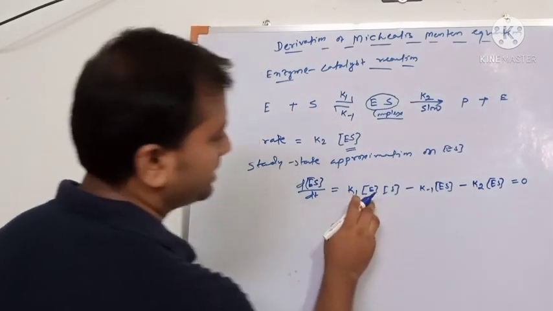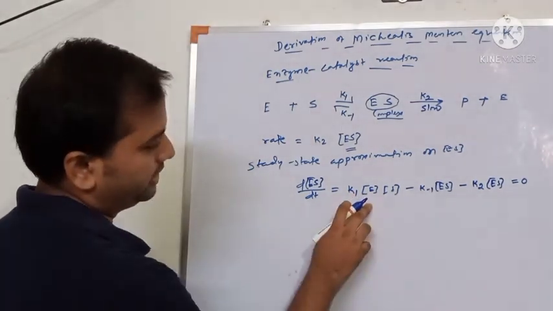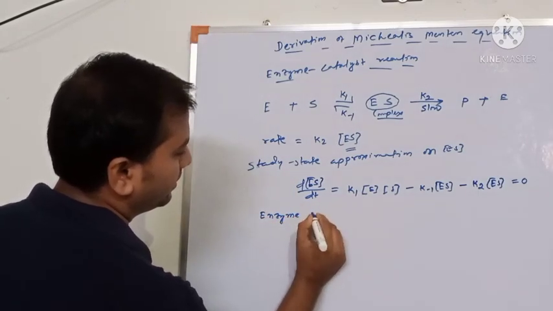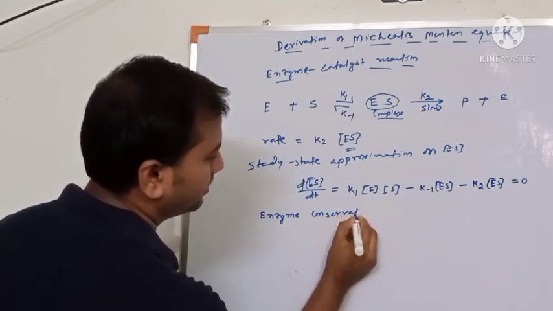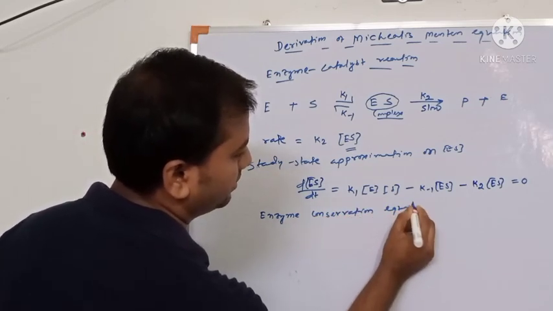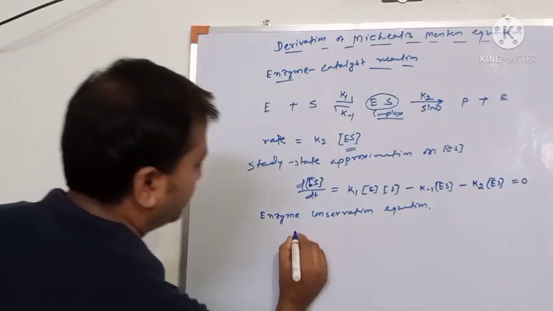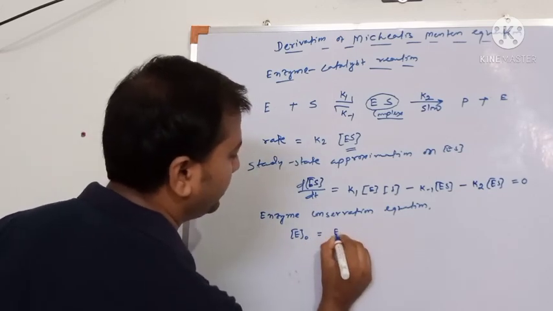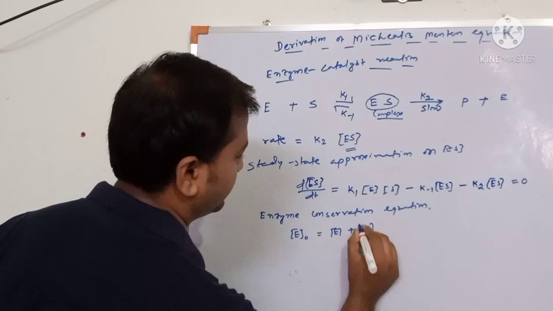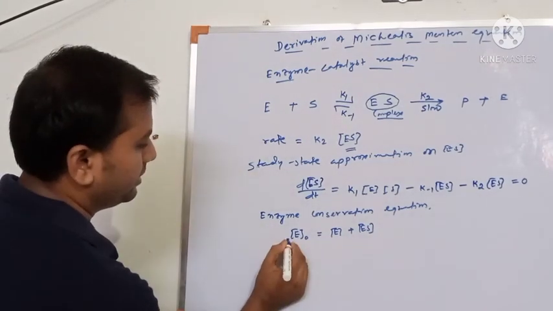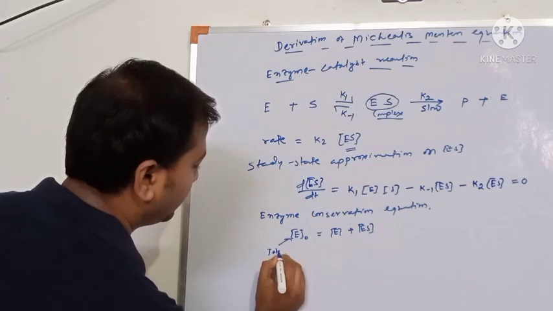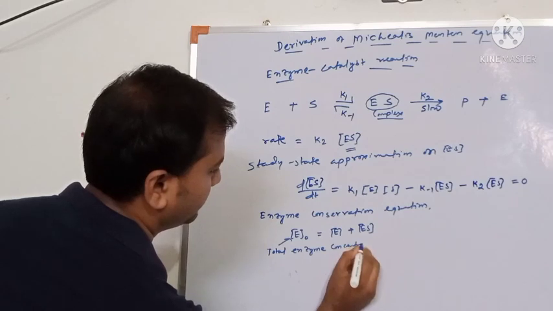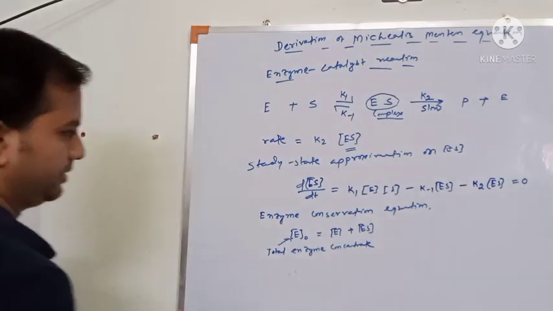But enzyme concentration cannot be determined experimentally, so we apply the enzyme conservation equation. E naught equals E plus ES, where E naught is the total enzyme concentration, which can be measured.